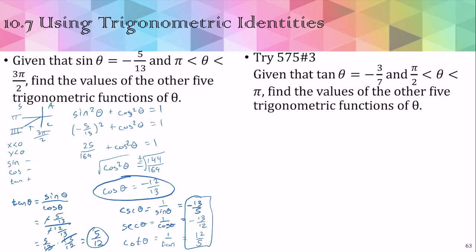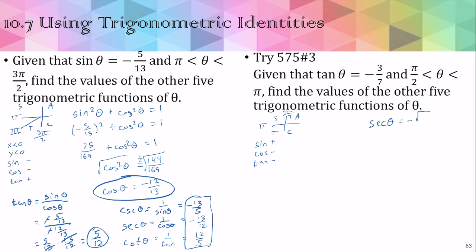As a reminder, since it's between pi over 2 and pi, you're in quadrant 2, and it's all students take classes, so sine is positive, cosine's negative, tangent's negative. Alright, so answers.